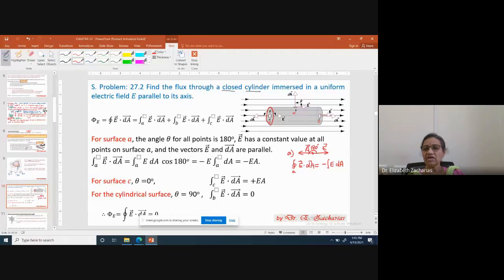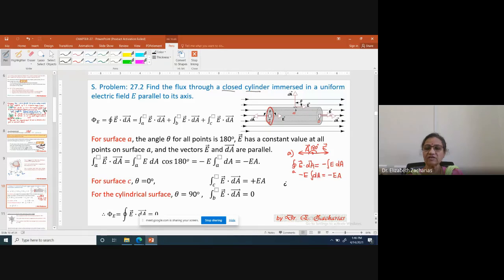Now, E is the same for every point on the surface, so E is a constant. I take it out along with the minus sign and then do integral dA. What will be integral dA for this surface? It will be simply the area of this circle. So the area of that circular surface, let us say it is A. Therefore, it will be minus EA. Now, similarly for surface C, let us see.